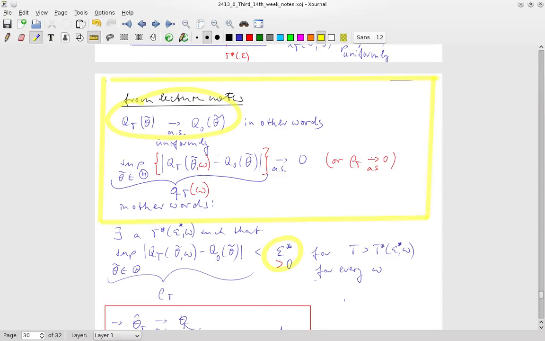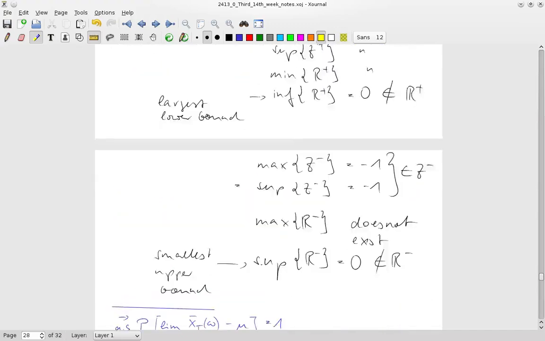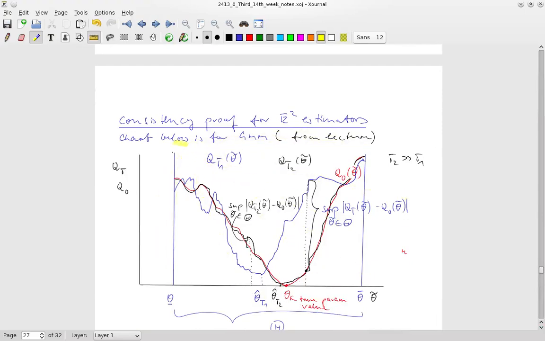If you can safely claim this convergence to happen, then you can claim that your estimator is a consistent one. It's a very general result, but maybe this convergence of the functions is something that is in some applications questionable, right? Does it really happen like suggested in this graph here, that the objective function and the limit function fall together for large sample sizes? Why does it happen? Why do these functions converge? Why does this Qt function converge to Q naught?